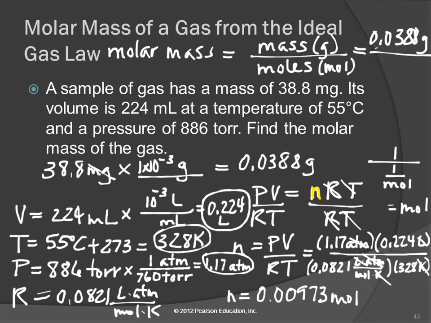So this is where we have to have some attention span and remember what we were trying to do. 0.0388 divided by 0.00973 equals 3.99 grams per mole.